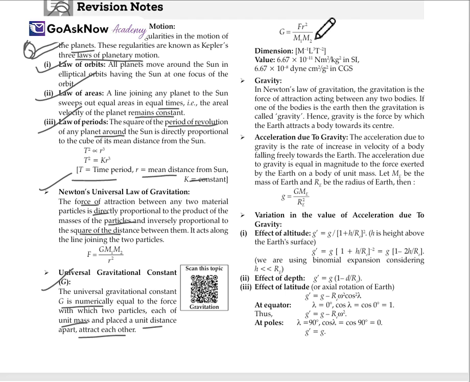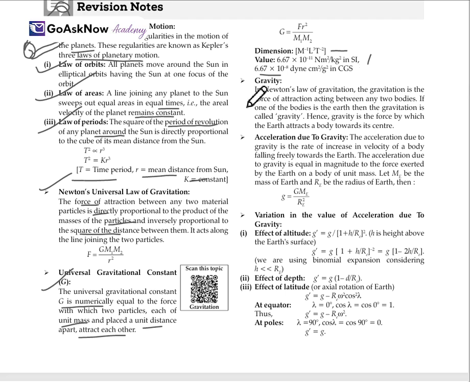Keeping G on one side, G equals F r squared upon M1 M2. Its dimension is M inverse L cubed T minus 2. Its value in SI units is 6.67 into 10 raised to the power minus 11, and in the CGS system it is 6.67 into 10 raised to the power minus 8 dyne. So these are the values of gravitational constant G.